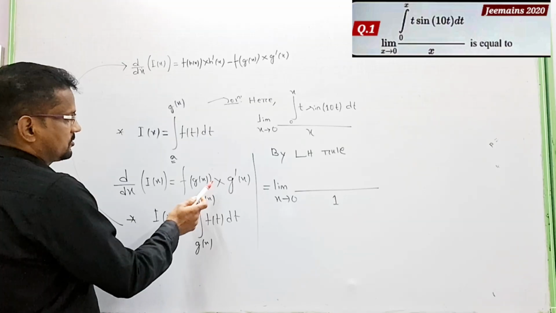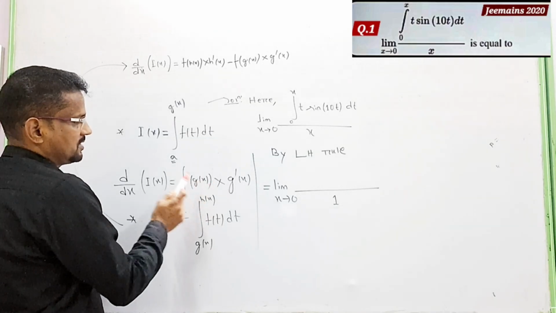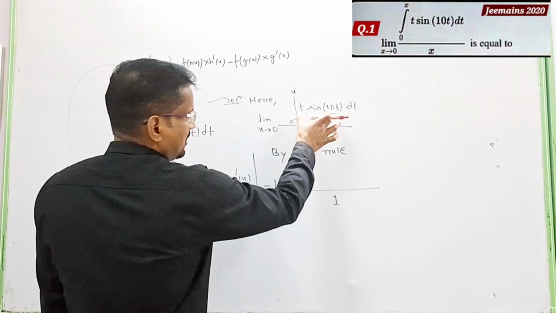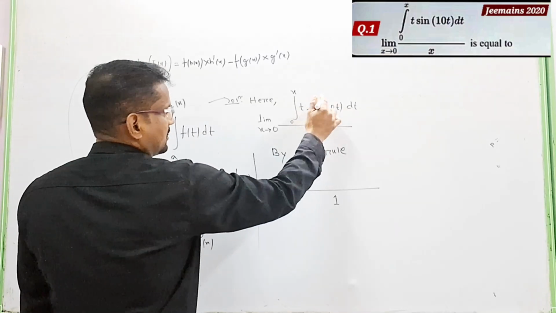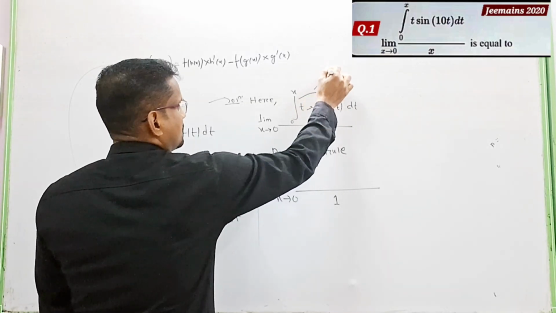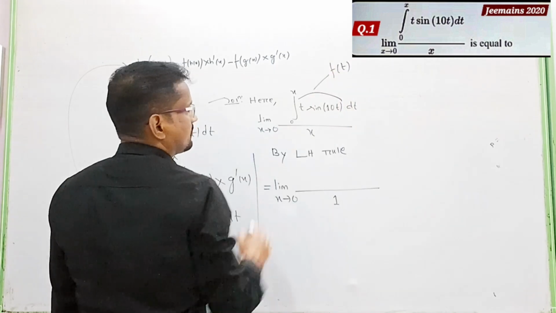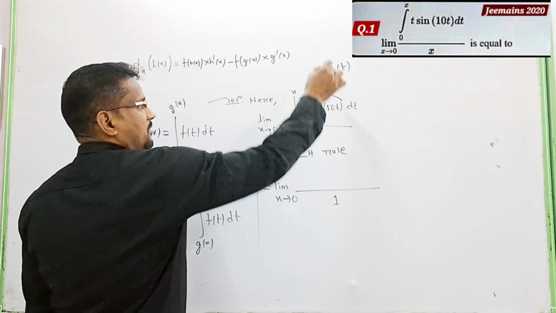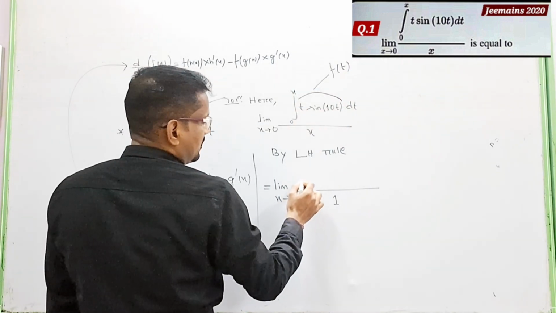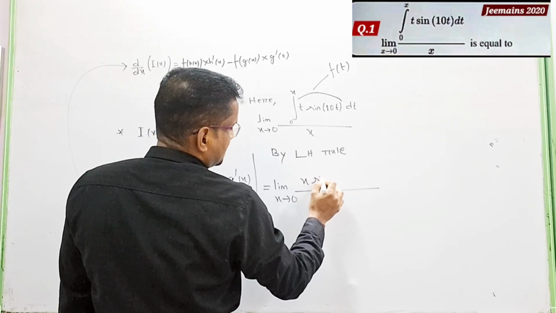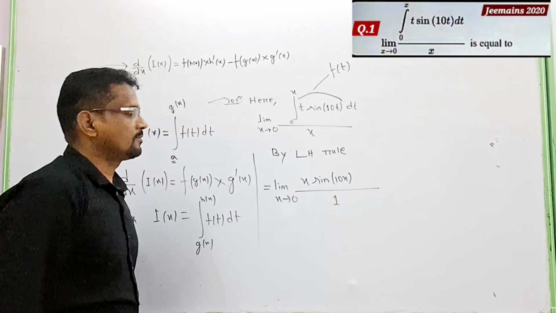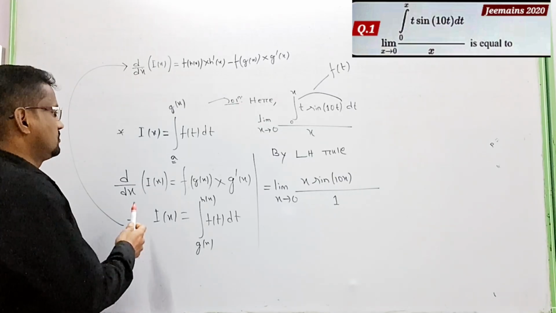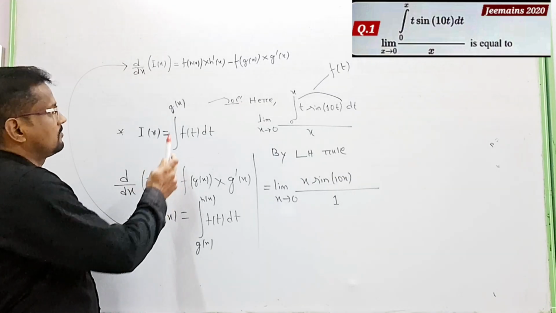So in that case, this rule you have to use, f of g(x). So here the entire function inside is your f(t). So if I write f(x) here, it will be x sine of 10x. So here we are using the first case.